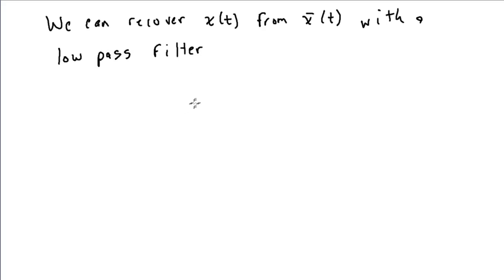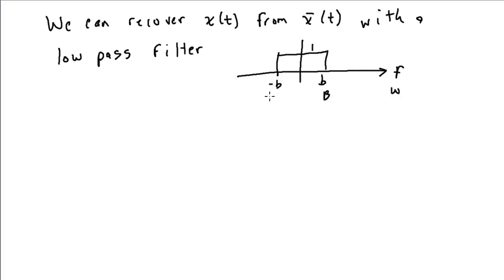that has this frequency response. It's just equal to 1 between minus b and b. This is in hertz, or for omega we call this minus b and plus b, and so this is the frequency response of this low pass filter.